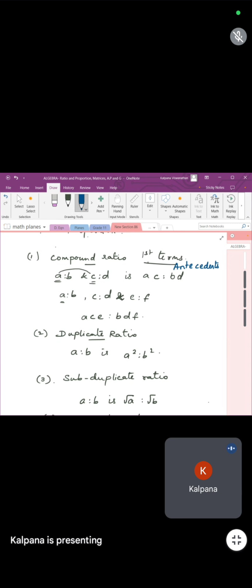And the second terms, that is B and D, are called consequents. Please remember these names. If they ask you what are the antecedents and what are the consequents, you must know these denote the first term and the second term.